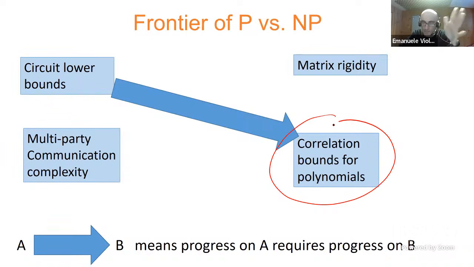Depending on the parameters, this circuit could have quasi-polynomial size, or you can be more precise about the sparsity of the polynomial. I'm not going to get into that now. Let's just say quasi-polynomial size circuit.